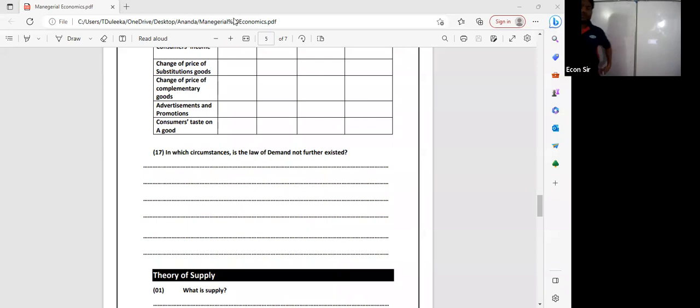Now see, can you give me one or two examples of highly essential goods? It depends on the people who are buying that particular good, but generally we can tell some essential goods.